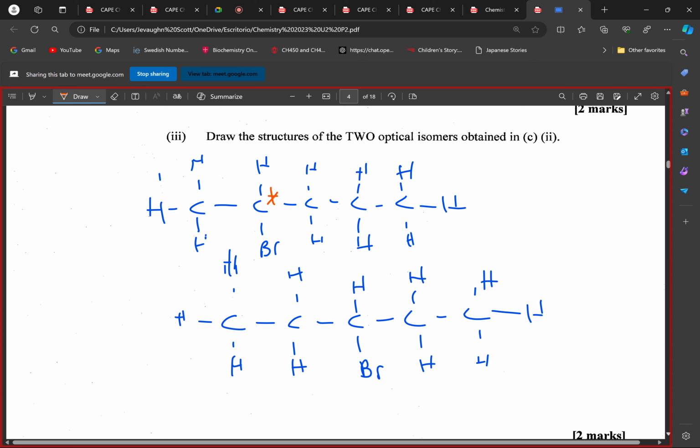So for it to be chiral, does it need to be attached to four different things? Yes. I'm saying it's attached to two carbons. This one carbon is attached to... Okay, give me one moment.